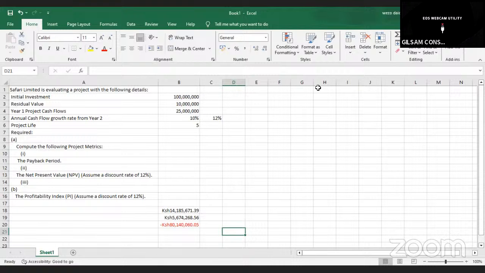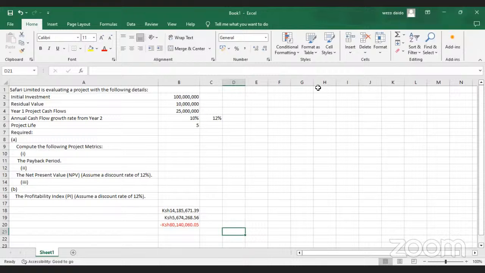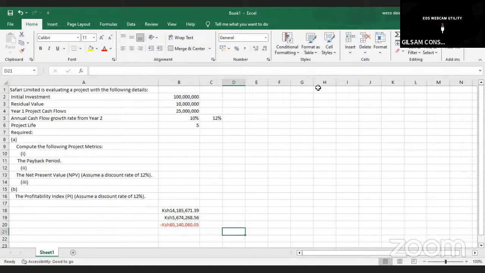Now, how do you get the profitability index? Profitability index is: you take the present value of the future cash flows and you divide by the initial investment.